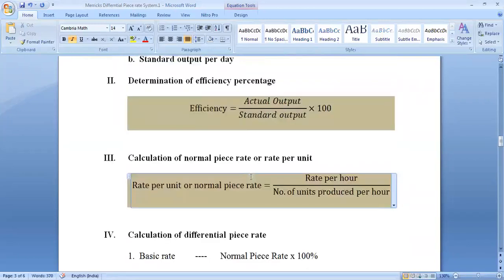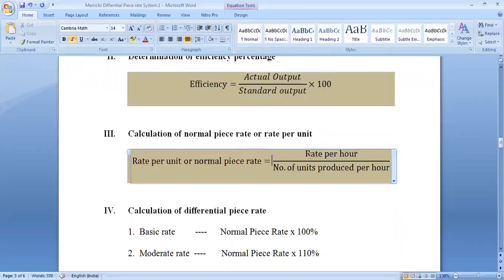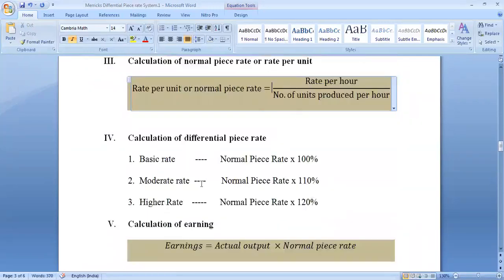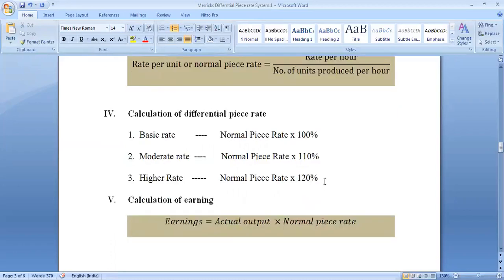Third is calculation of piece rate per unit. The formula is rate per hour divided by number of units produced per hour. The fourth is calculation of differential piece rate, where we multiply the answer from step 3, that is the normal piece rate, by 100% for the basic person producing below 83%, 110% for the person producing 83 to 100%, and 120% of incentives for the person producing more than 100% efficiency.